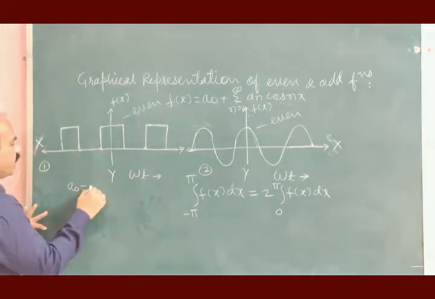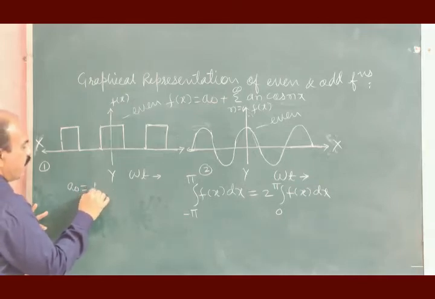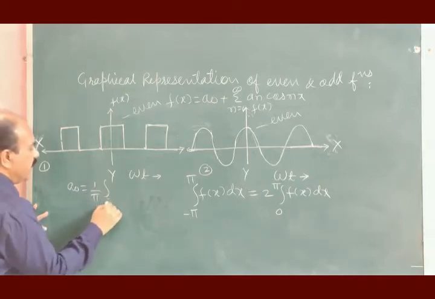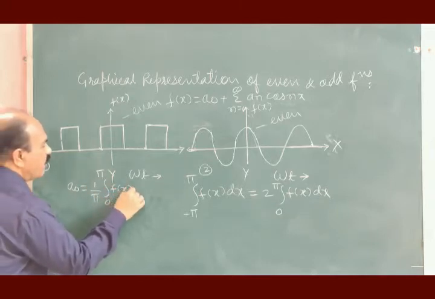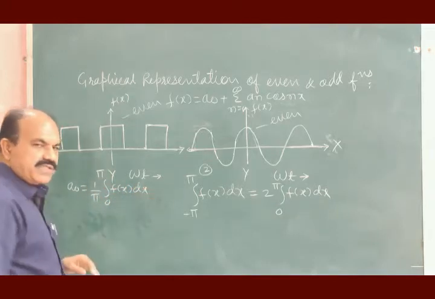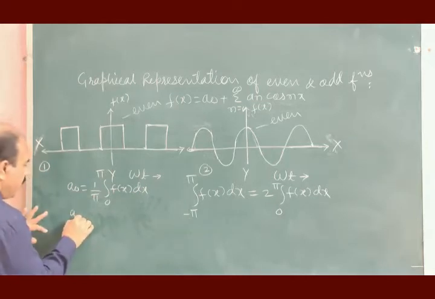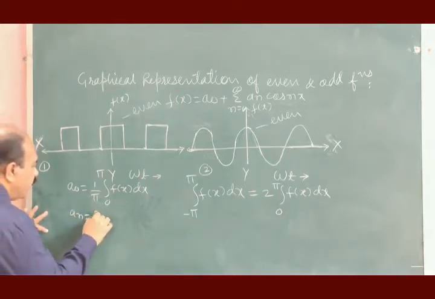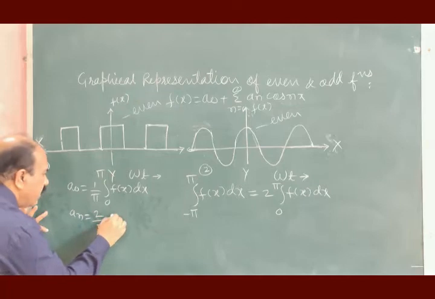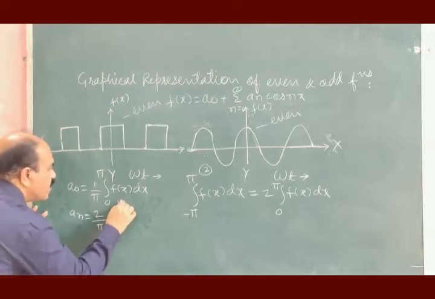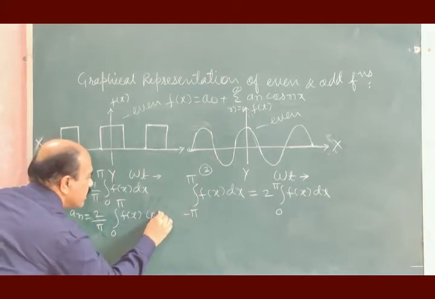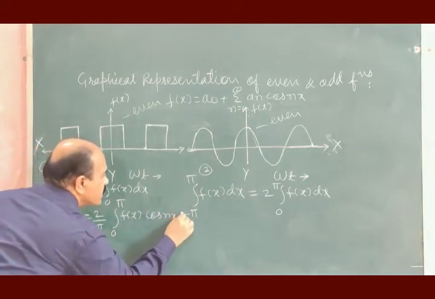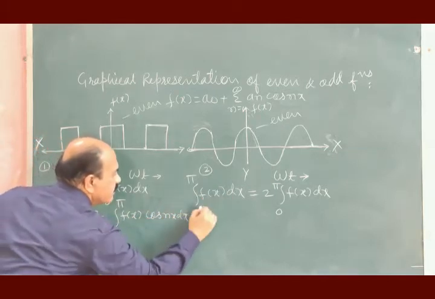a0 is given by 1 by pi integration of 0 to pi f of x dx and an is given by 2 divided by pi integration of 0 to pi f of x cos nx dx.